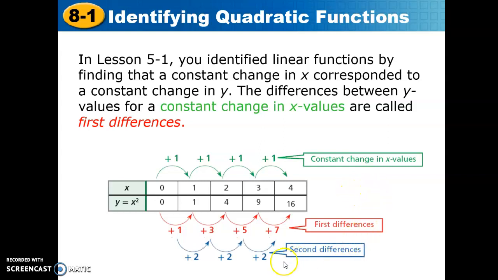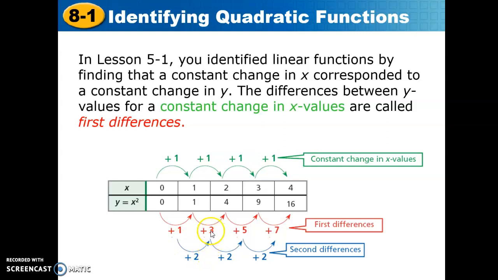What we're interested in is called second differences. So after we figure out what these differences are between these numbers, then we're going to find the differences between the differences. I know it sounds weird, but we're going to say, well, how far away is 1 from 3? I'm increasing by 1, but then I'm increasing by 3, it's a change of 2.